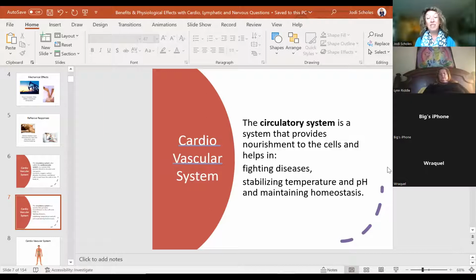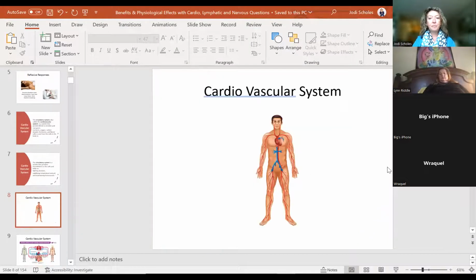The blood helps to stabilize temperature, and it also helps with pH balance, so the acidity in our body, as well as maintaining homeostasis. So let's take a look. You see our little guy here? He has red and blue. So red and blue are representing the cardiovascular system. Why would that be? Hmm?